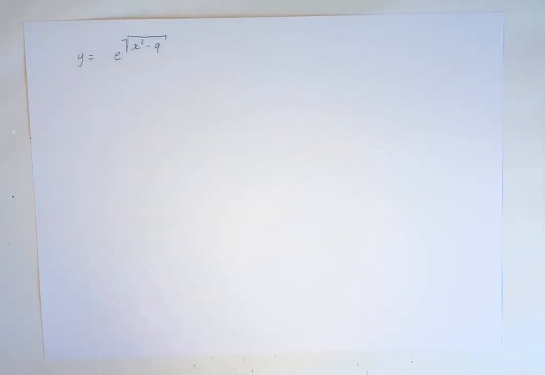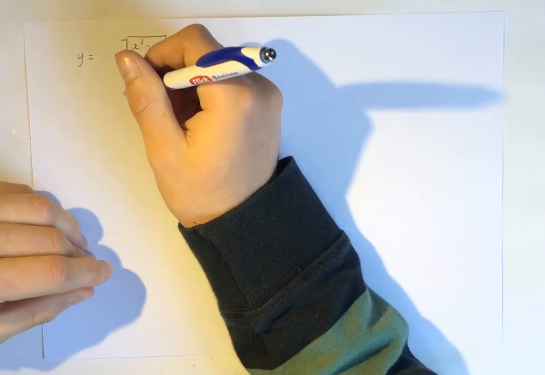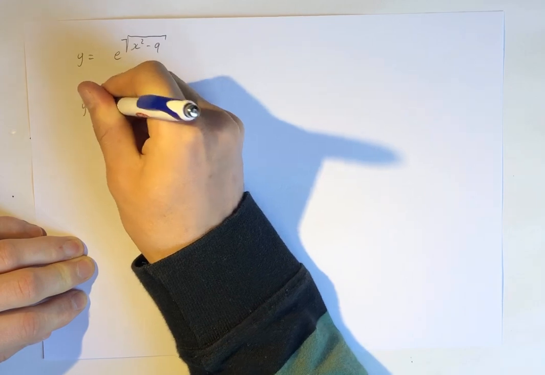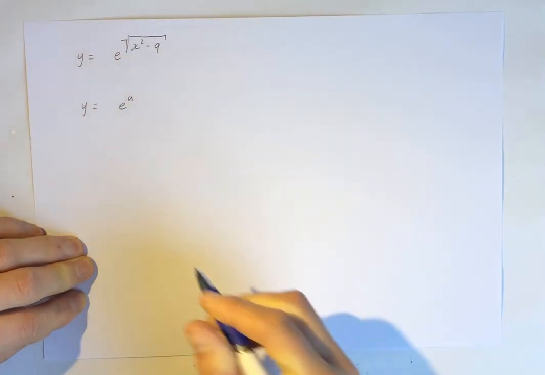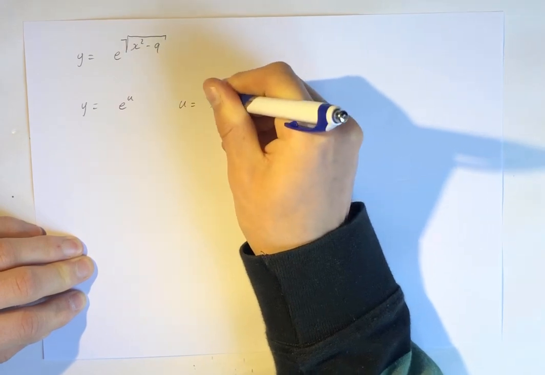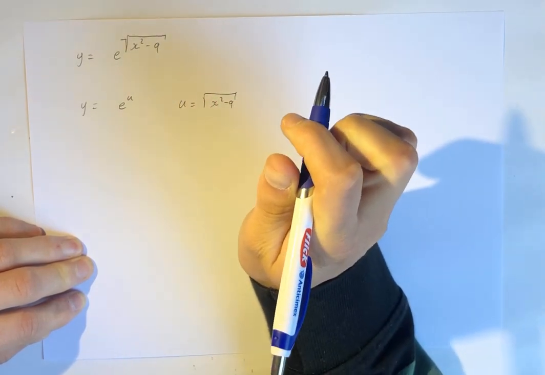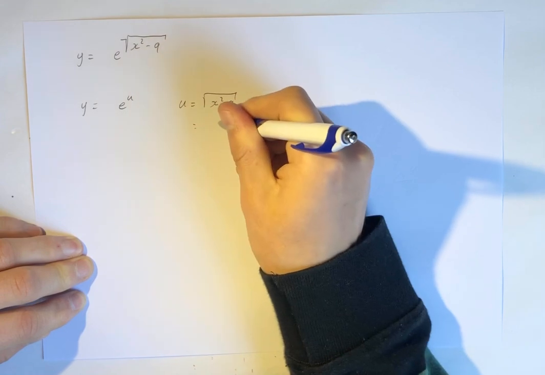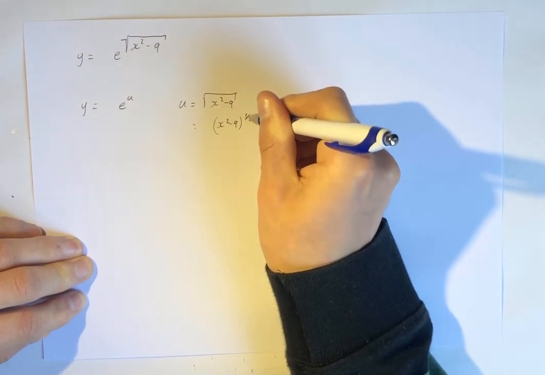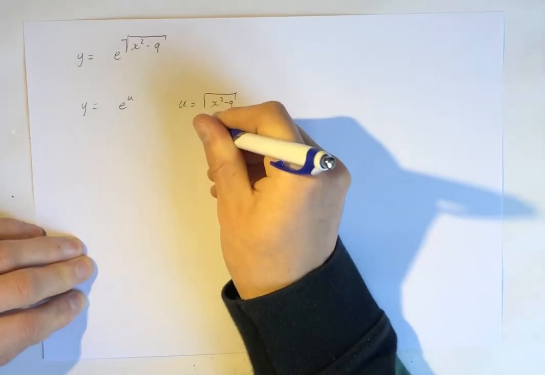Let's have a look at if it was written in terms of Leibniz notation. So notice here that y is e to some function u, and u is x squared minus 9 square rooted, which is x squared minus 9 to the half, isn't it? We like to write it in power form when we're taking derivatives.